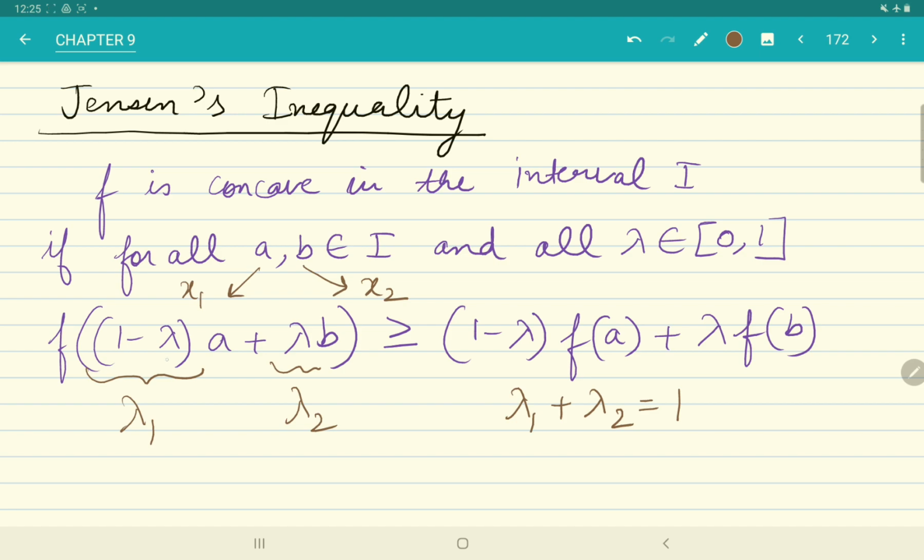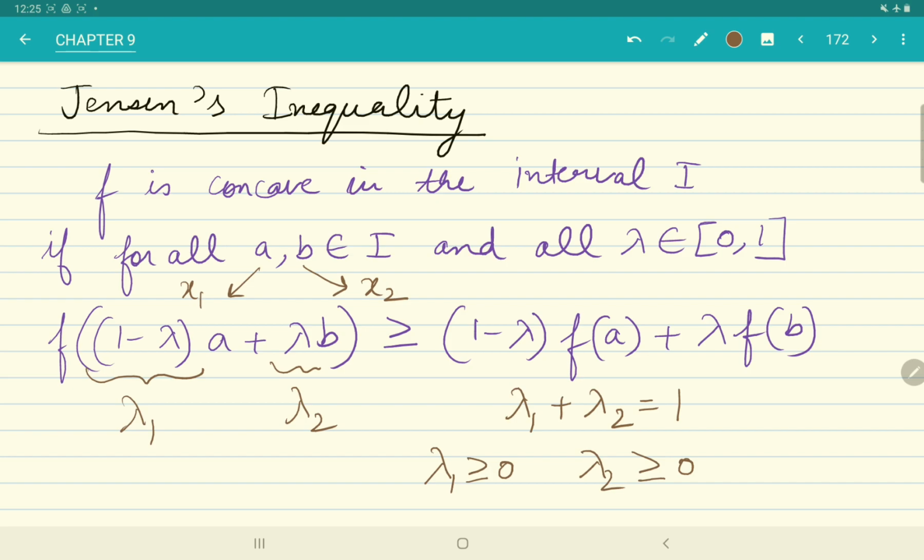That just means, if I write 1 minus lambda greater than or equal to 0, that means lambda is less than or equal to 1. So that just means lambda 1 is greater than or equal to 0. Lambda 2 is greater than or equal to 0.